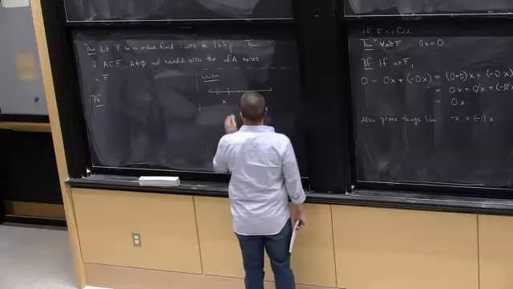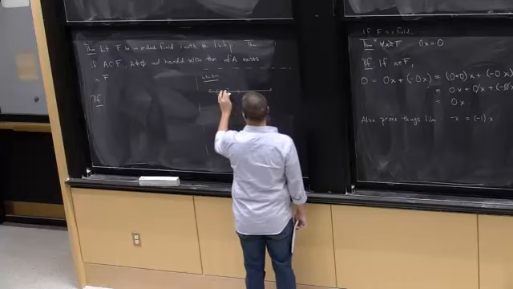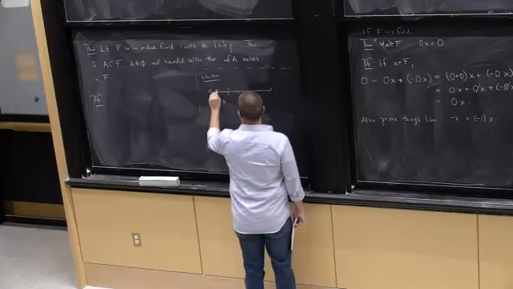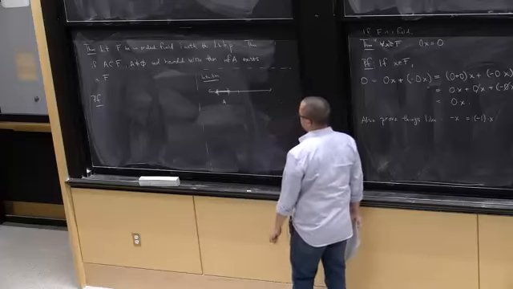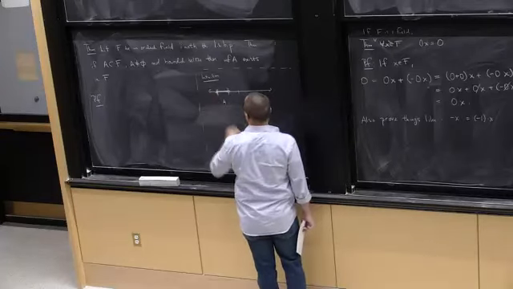Let's imagine we have a set A. For now, I'll draw it like it's an interval, which is bounded below. Okay, so it stops after some point, and there's nothing there.